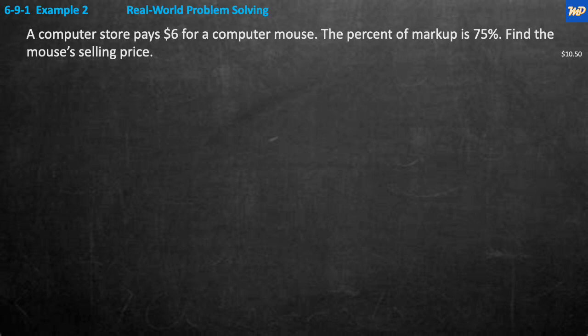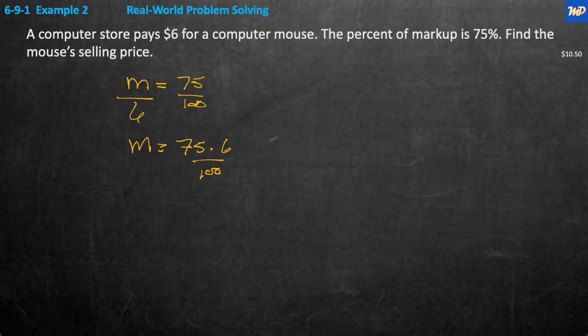So we know that the price they paid was $6. It's 75%. We're going to say, starting with the price, we're going to get the markup first. So the markup is equal to 75% over 100, and of what price? $6. So 75% of $6 is the markup. And we'll find at this point that M, the markup, is equal to 75 times 6 over 100.